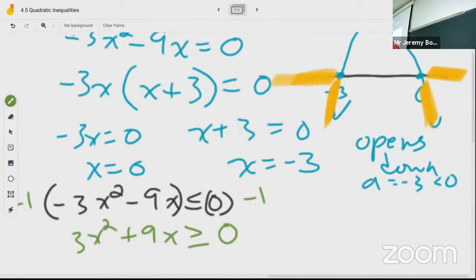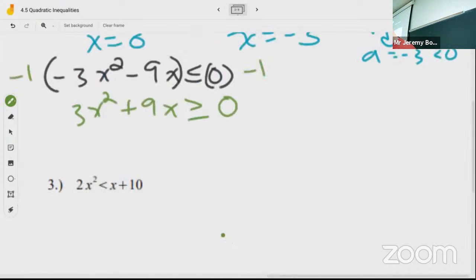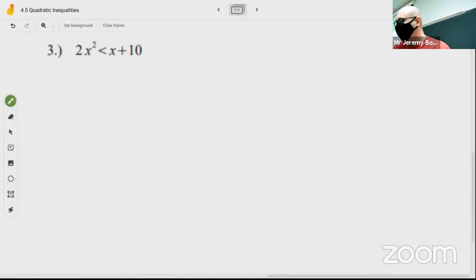What is this one? Oh, yeah. I'm trying to scroll there. All right, so you have a couple options here. You can move the 2x to the right, or you can move the x and the 10 to the left.